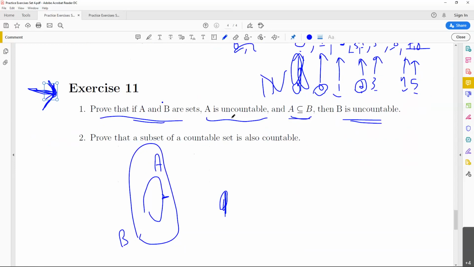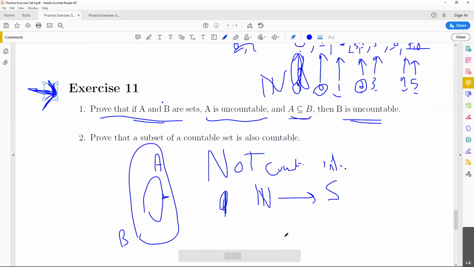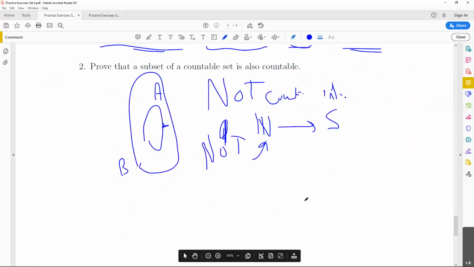Well, in the recitation I mentioned, if you want to prove that something is countable, you just have to find a bijection from the set N to the set you're trying to prove is countably infinite. If you're trying to prove that something is not countable, you have to prove that there's not a bijection.